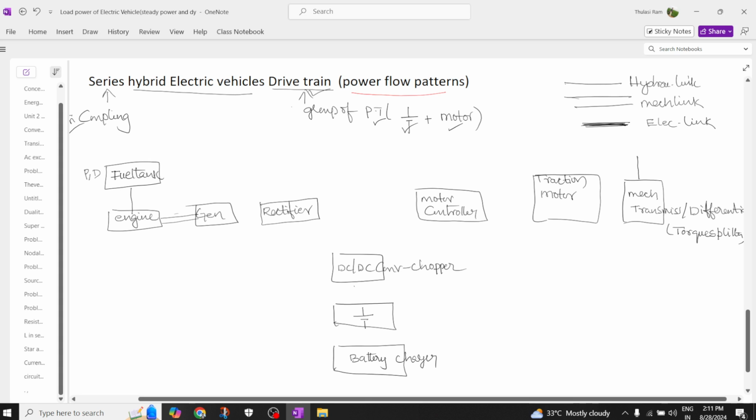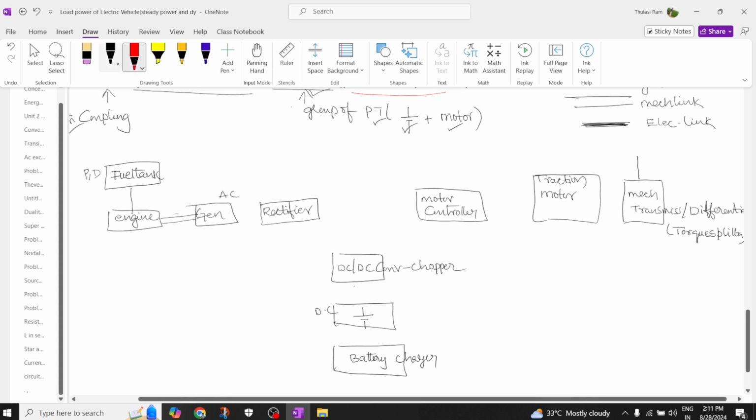So what type of power is generated by the generator? AC supply, but the battery requires DC supply. This AC has to be converted into DC with the help of a rectifier. So here the generator is connected to the rectifier, and here you are going to have an electrical link.